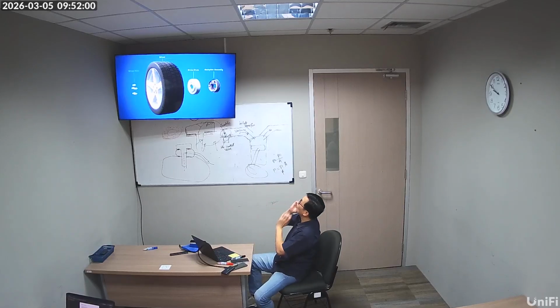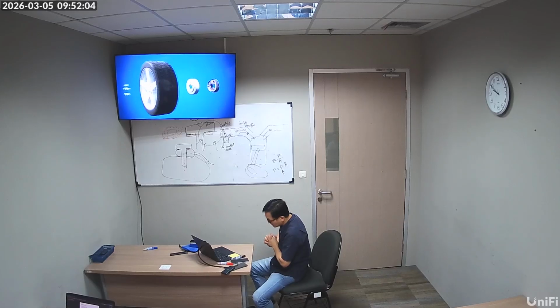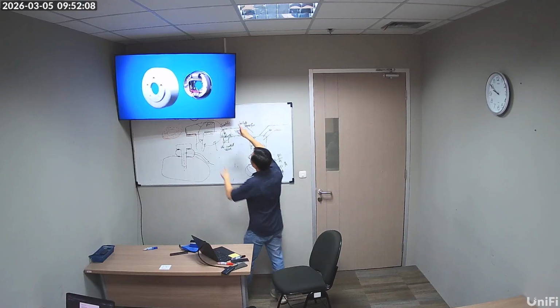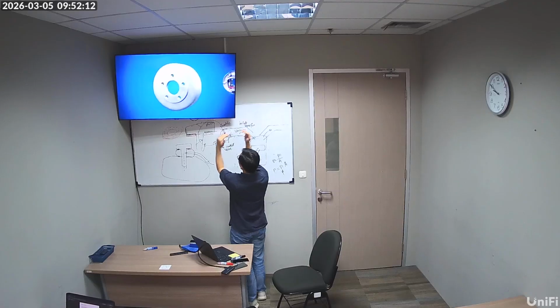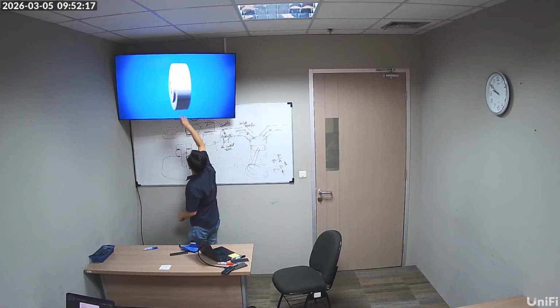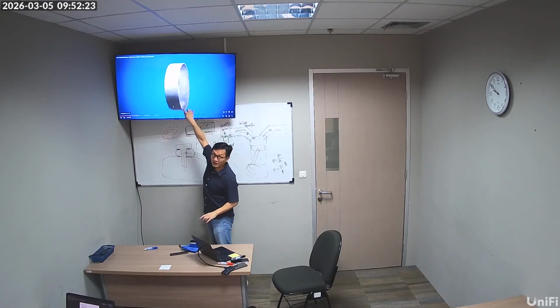Okay, so you got the drum, you got the assembly. You got two brake shoes, right, left and right, and they're being pushed. This is a drum, so the friction point is actually the inside of this.